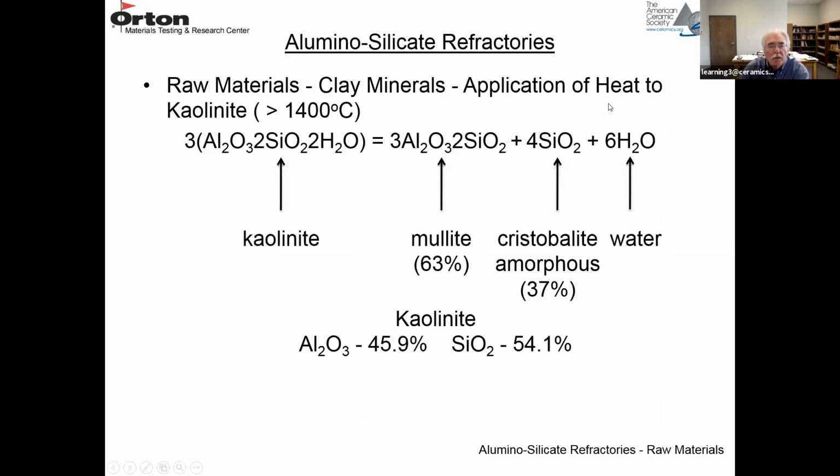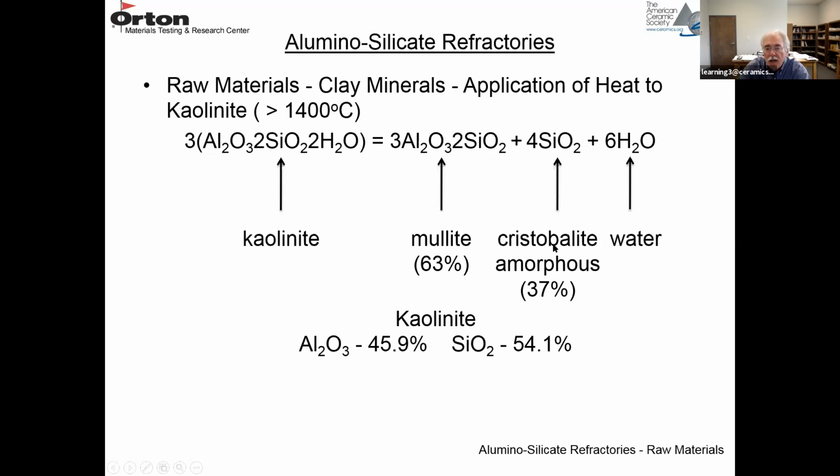So what happens when you apply heat to kaolinite, and we'll just look at this case greater than 1400 degrees C. So we just heat it up to a high temperature. This is the formula for kaolinite. It decomposes, you dehydrate it, the water comes off, so the H2O is gone. Then you have alumina and silica left. You form 2 other compounds. You form mullite, 3Al2O3, 2SiO2, and then you have 4 silicas.